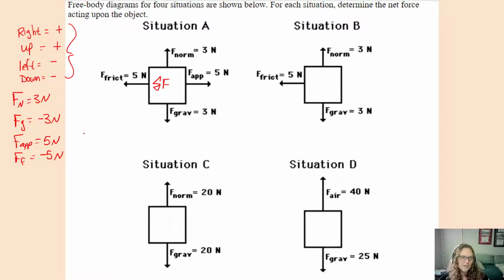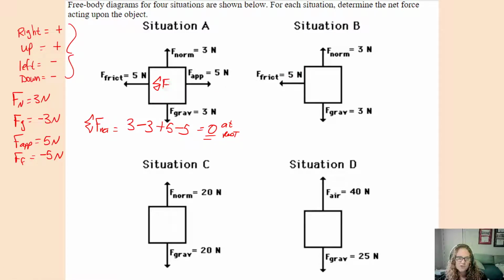So the net force for part A is 3 minus 3 plus 5 minus 5. And if we look at that, that equals 0. And since it's at 0, this object is at rest. And all the arrows are equally drawn, which also means it's at rest.